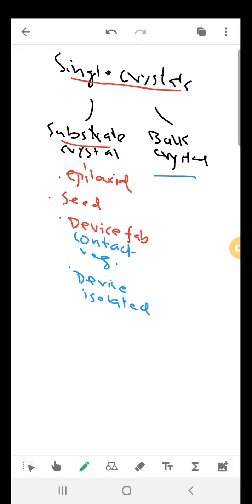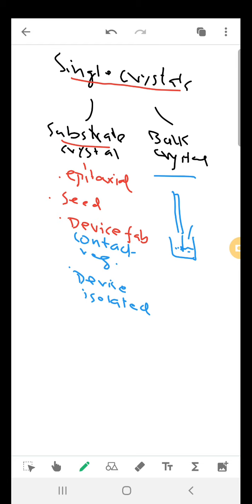Whereas a bulk crystal doesn't require any substrate. Suppose you put a thin glass slide into the liquid form of the crystal, and it automatically grows. You don't require any formation of a substrate.